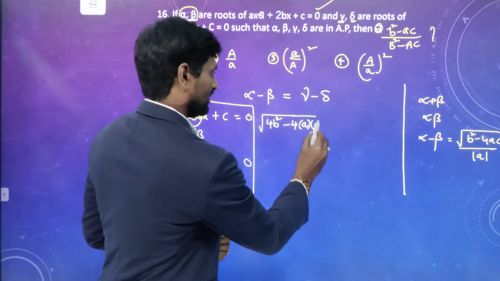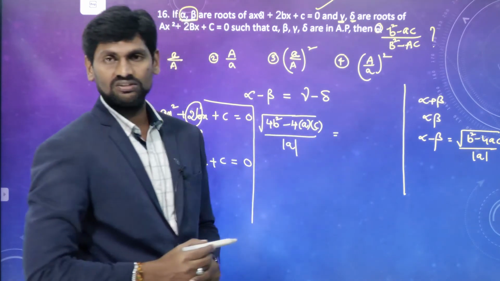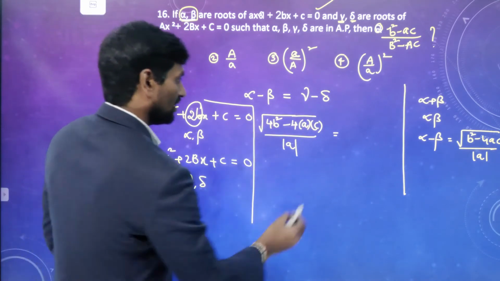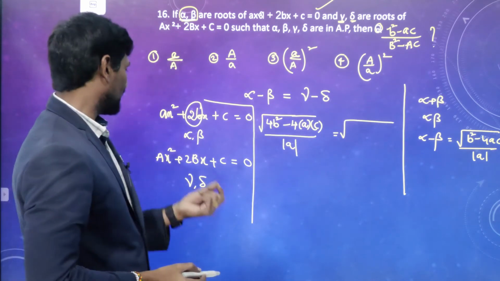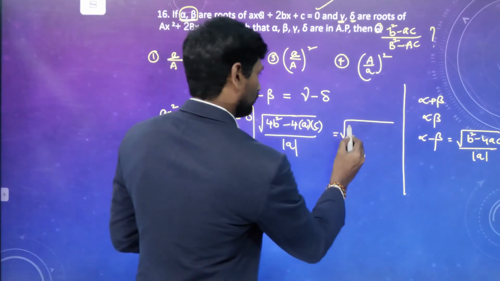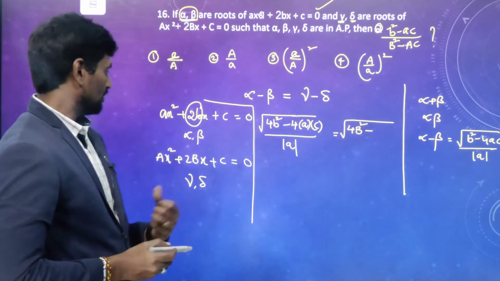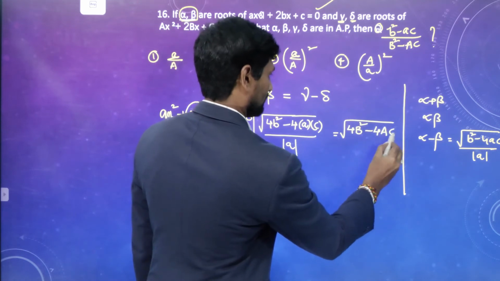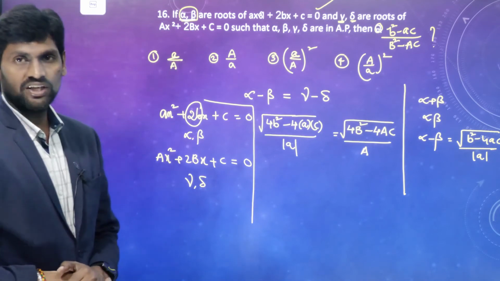There is no change in it, and modulus of a. That is equal to the difference of gamma and delta, that is equal to root over 4 capital B square minus 4 capital A c by modulus of capital A.